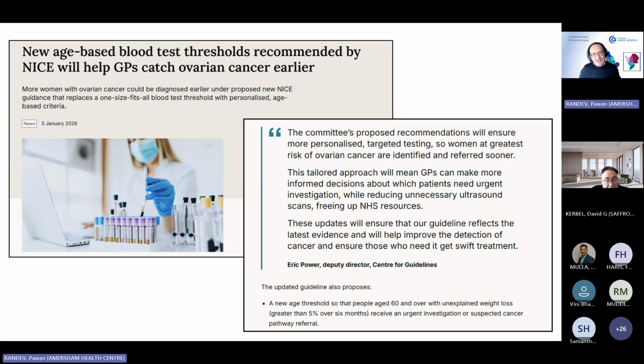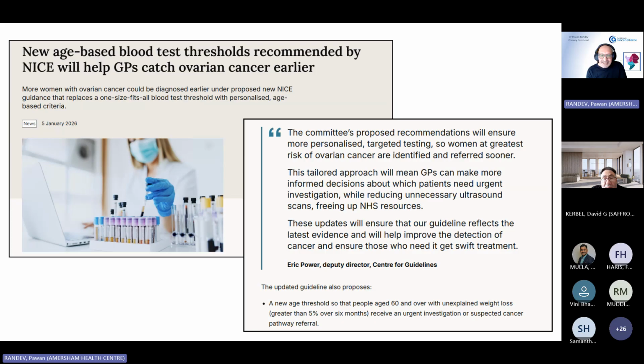So a CA125 of 35 when you're 70 is far more predictive of ovarian cancer than a CA125 of 40 when you are 41. And as a result, NICE has just completed their evidence gathering for changing the threshold so that they're different with different ages.